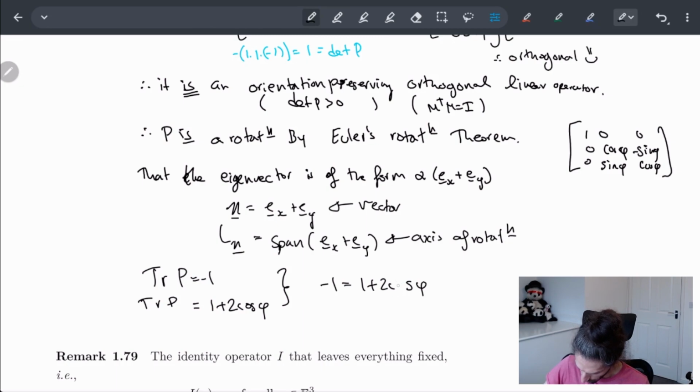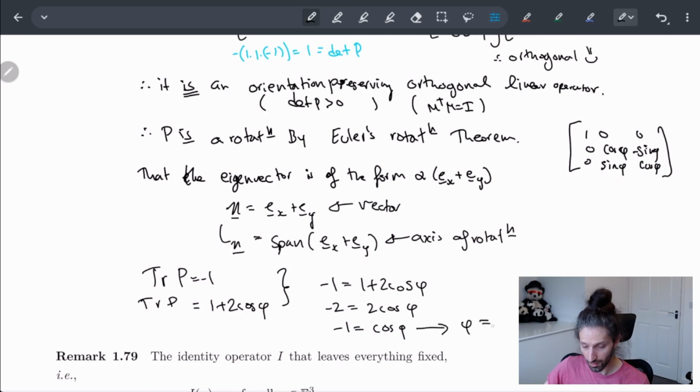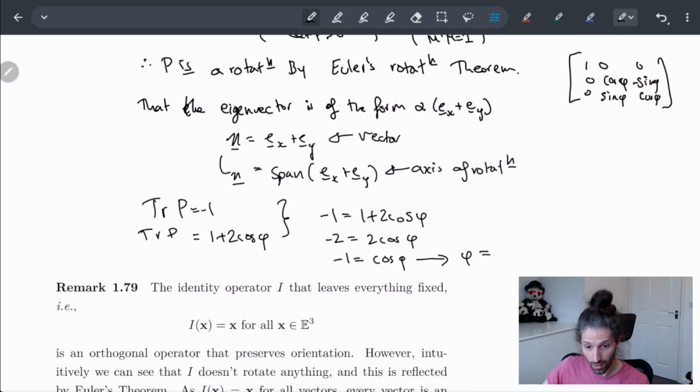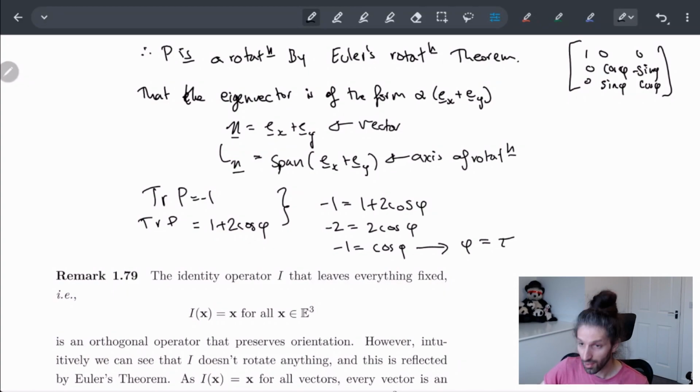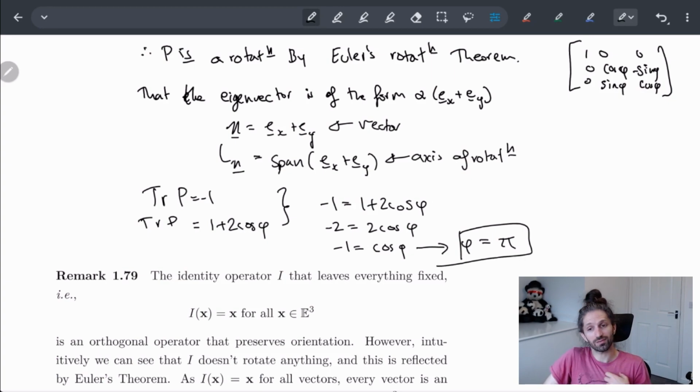I can move the 1 to the other side: 2 cosine of phi equals -2, so cosine of phi is minus 1. What does this give me? Phi is equal to pi. It doesn't matter if I went this way or this way, pi is the same. So the angle of rotation is pi. I don't care which direction I went.